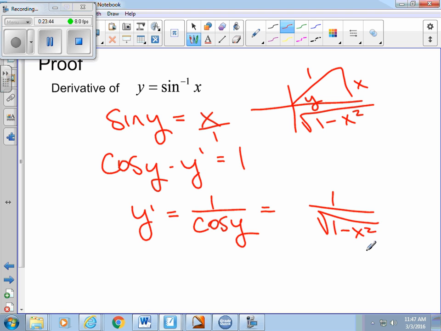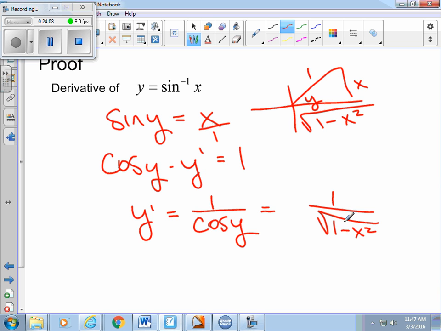Now look at your formulas. What is the derivative of sine inverse? U prime over the square root of 1 minus u squared. Okay, so they have some u's in there, but if those u's were x's, would this be correct? Yes.